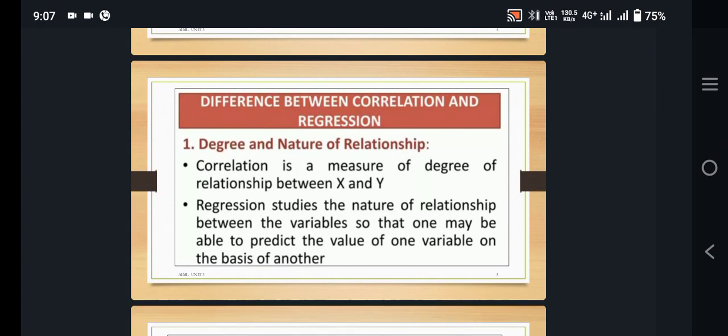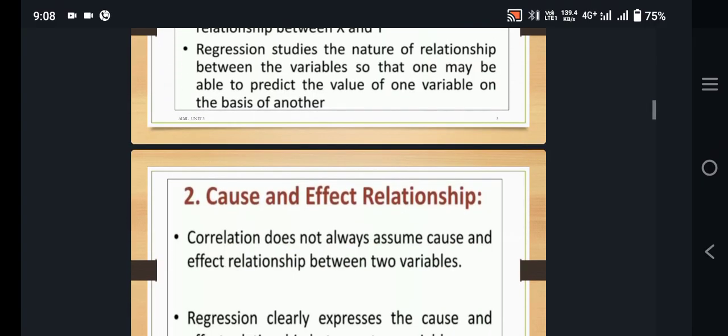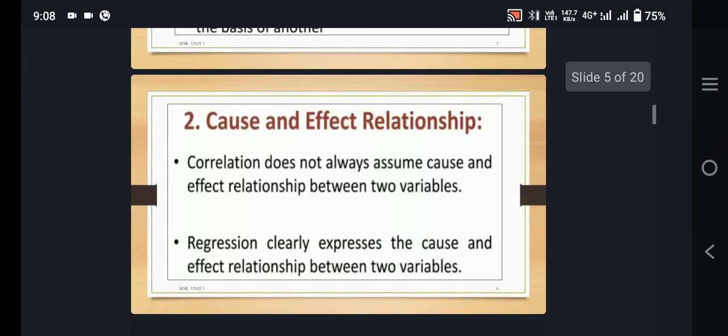Differences between correlation and regression. The first point is degree and nature of relationship. A correlation is a measure of the degree of relationship between x and y. Regression studies the nature of relationship between the variables so that one may be able to predict the value of one variable on the basis of another. Second difference is cause and effect relationship.